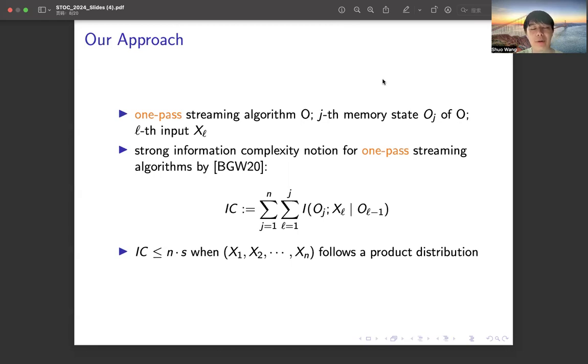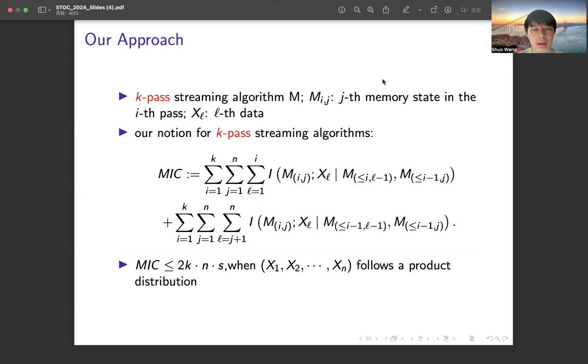There is a very good property of this information complexity notion, since it is upper bounded by n times S when x1, x2 to xn follows a product distribution. Since it has an upper bound, it suffices to show a lower bound for this notion in a specific problem, and then we could obtain a space complexity lower bound.